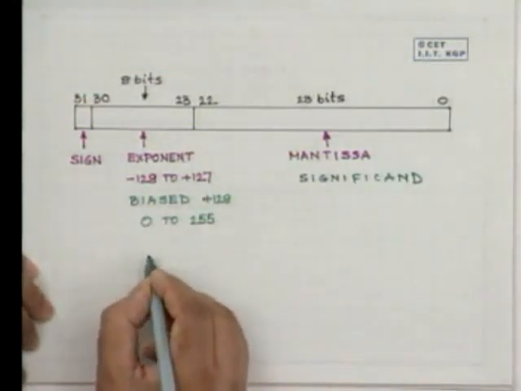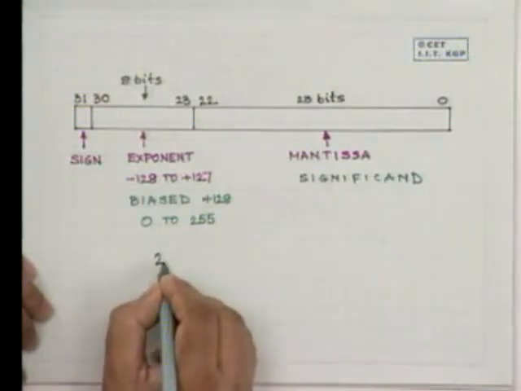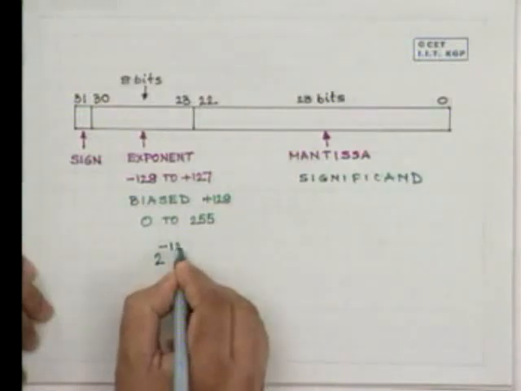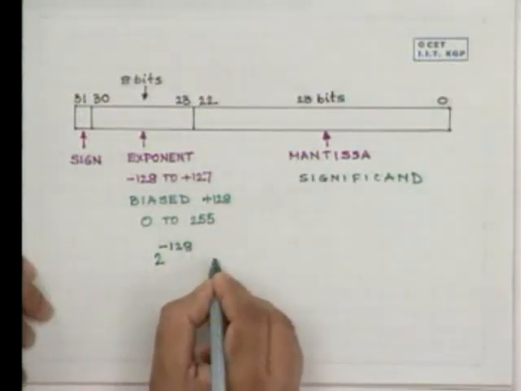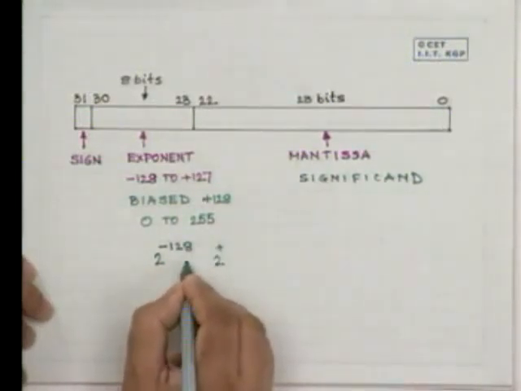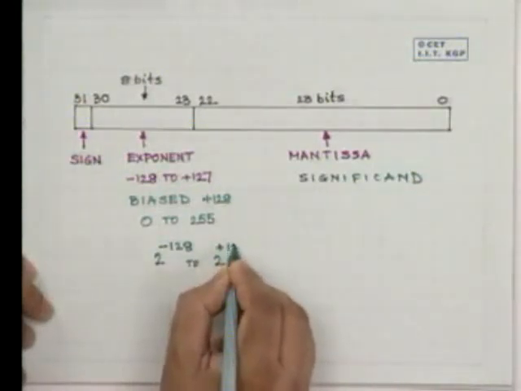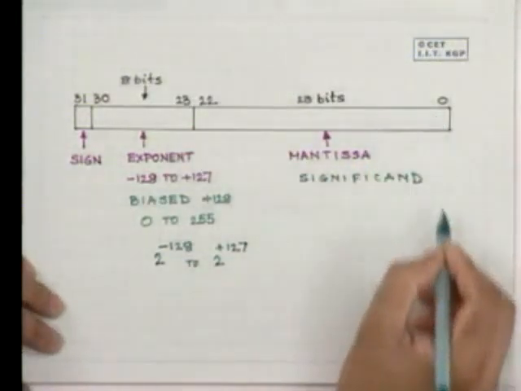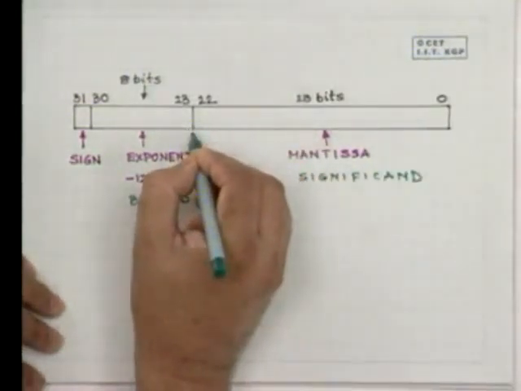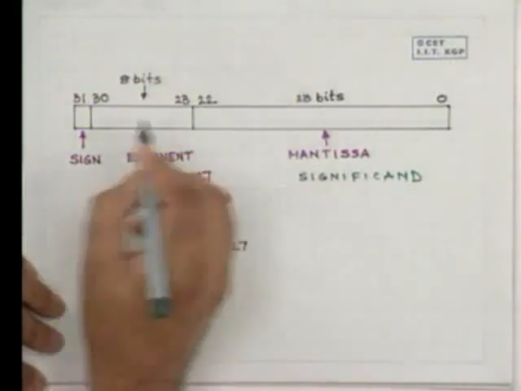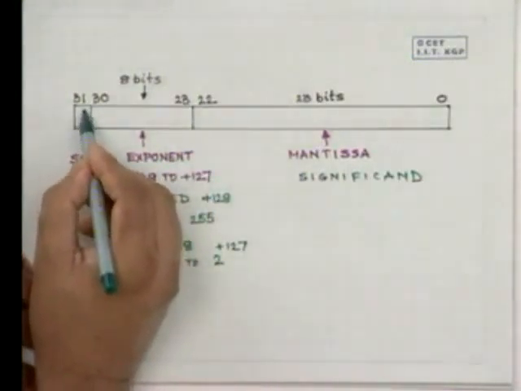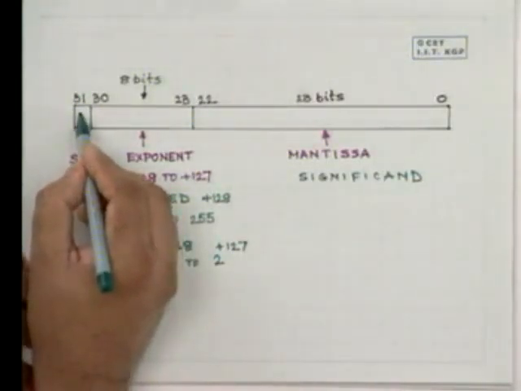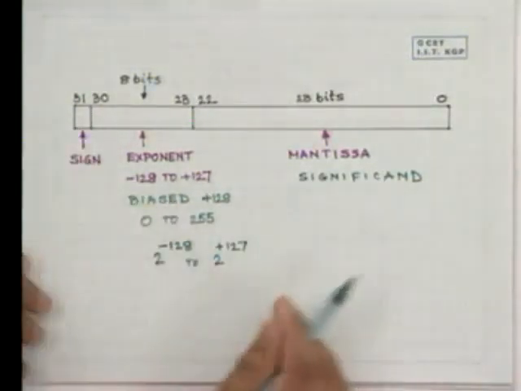Essentially, therefore, we can represent numbers from 2 to the power minus 128 to 2 to the power plus 127 multiplied by whatever the mantissa represents with a binary dot at this point, and the sign of the number is represented here. Okay. If it is positive, then it is 0. If it is negative, then this is 1.